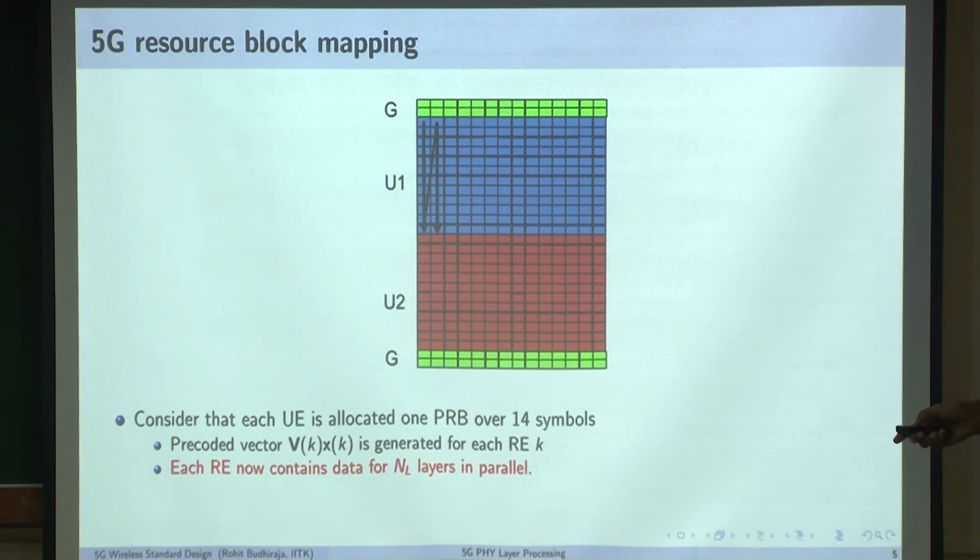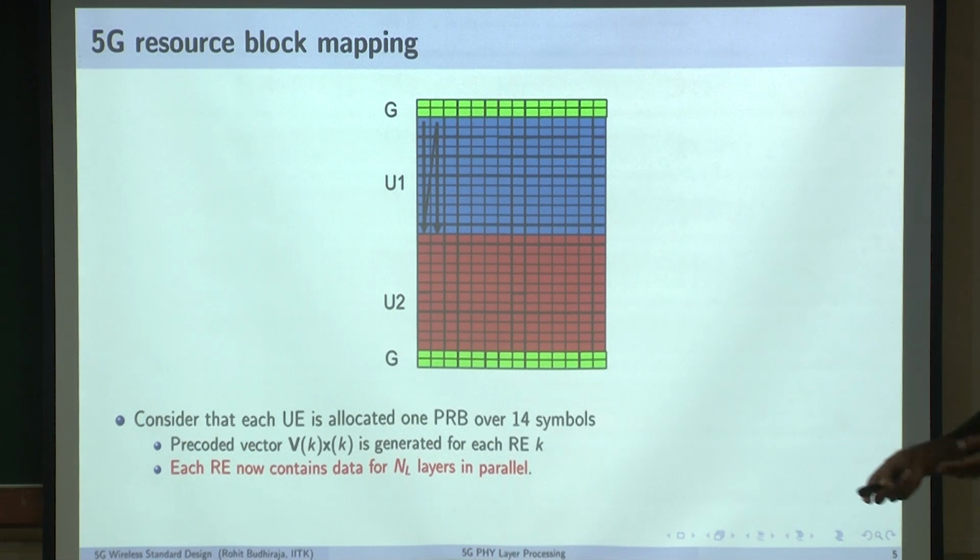You are getting this vector x tilde k, where k is the subcarrier and x is the number of layers. You multiply it with the precoder and get a 64 cross 1 vector, which contains 4 layers. So over each subcarrier you are sending data for 4 layers. That's what precoding does.